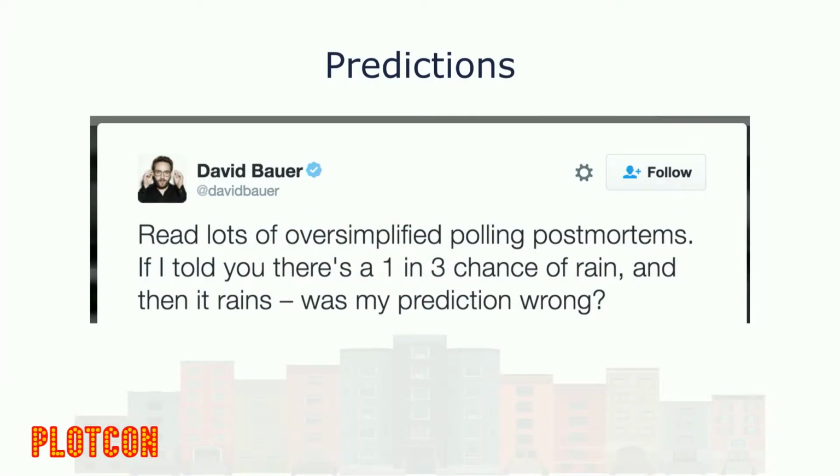And so what happened this time around was that the polls were off, the predictions mostly were off, the designs were trying to convey probabilities in a way that probably wasn't quite right, and people were understanding them sort of something like this. So you say, if the weatherman gives a 1 in 3 chance of rain and it rains, is that prediction wrong?